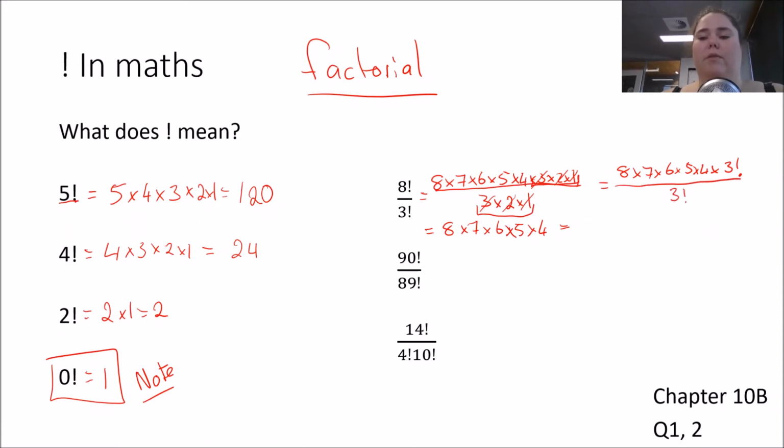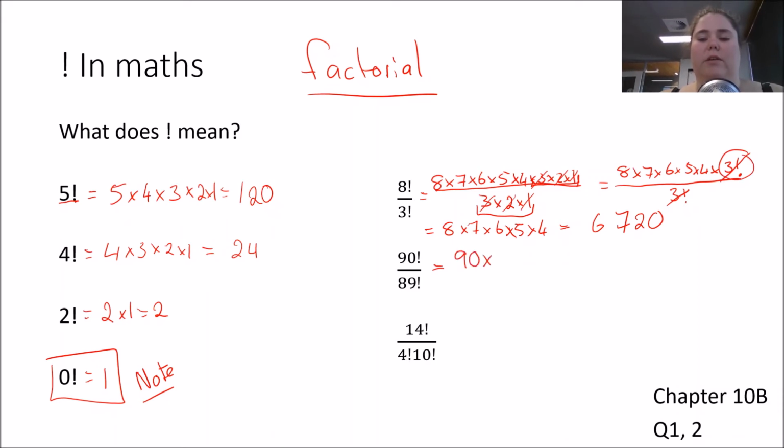So rather than having to write out those bits in full, we can just leave them as 3 factorial and then cancel, which gets us back to the same point, 8 times 7 times 6 times 5 times 4, which equals 6720.